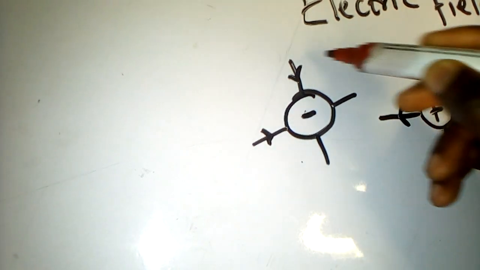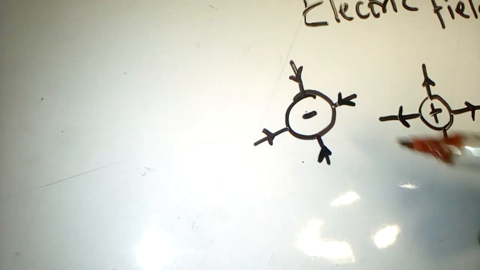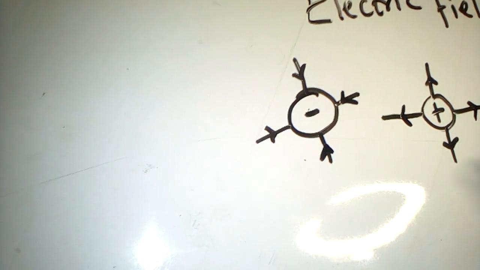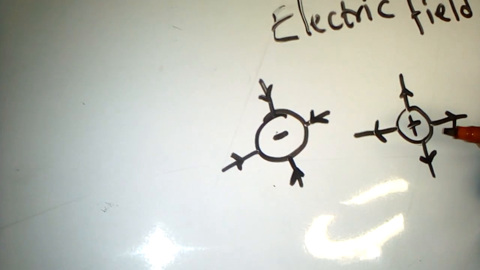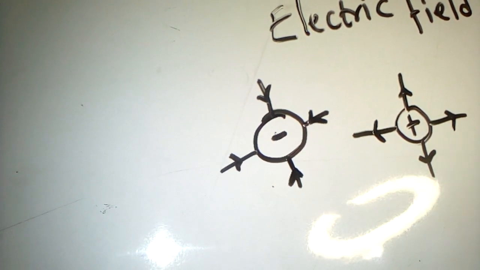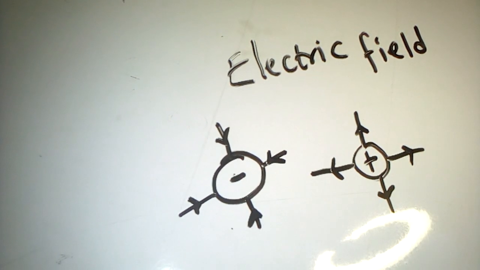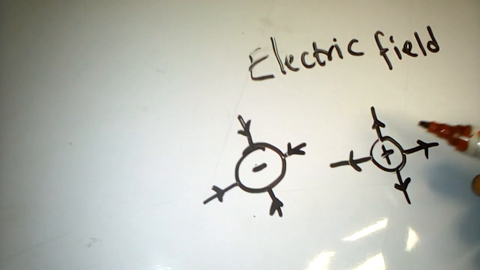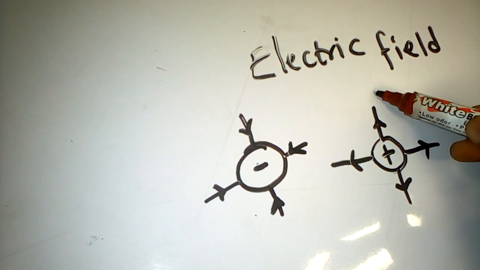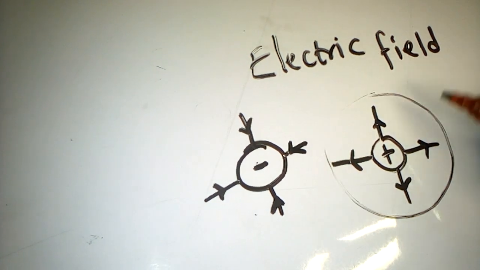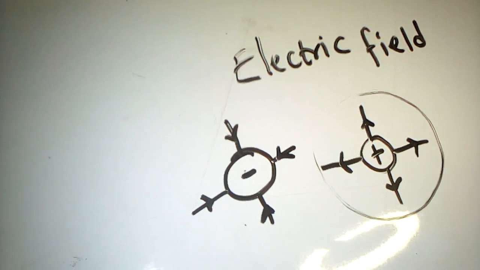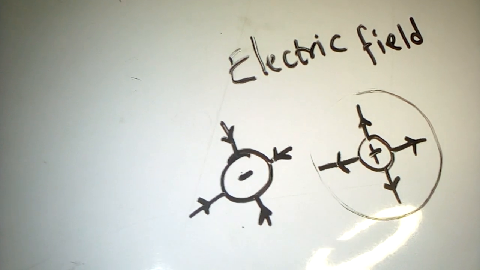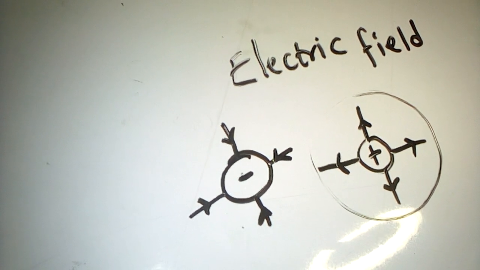The lines you're seeing are called lines of force. The lines cannot be seen, but they are imaginary lines to represent the direction of the field. This kind of line of force is called a radial line, because if we draw a circle around it, the lines seem like the radius of the circle from a point charge. That is what we call the field.